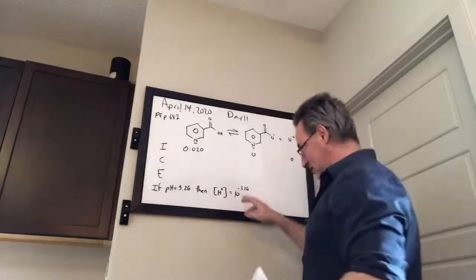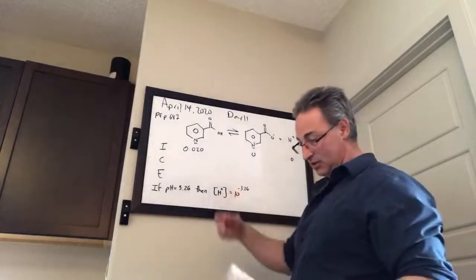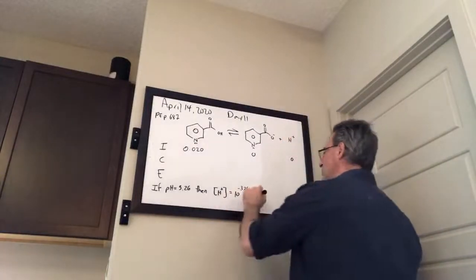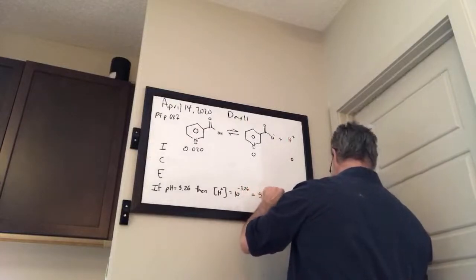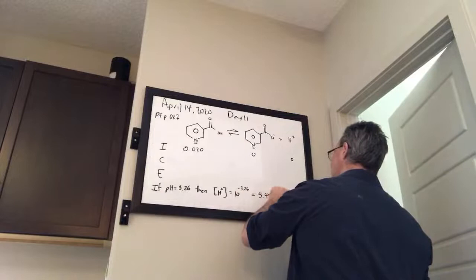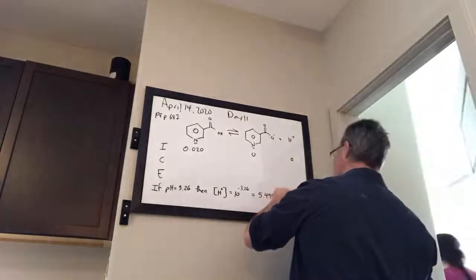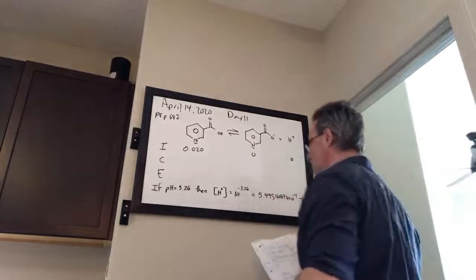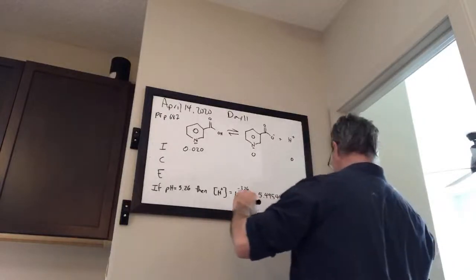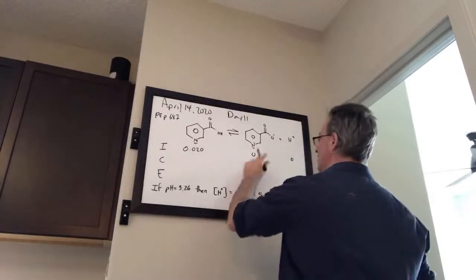You access this calculation by doing inverse log. You'll see it on your calculator. And what you get is 5.4954087 times 10 to the negative 4 molar. So that's your concentration of H plus.